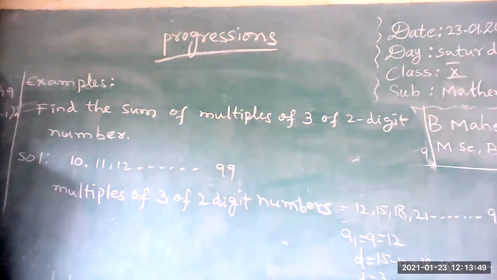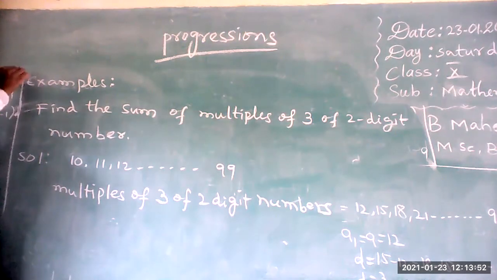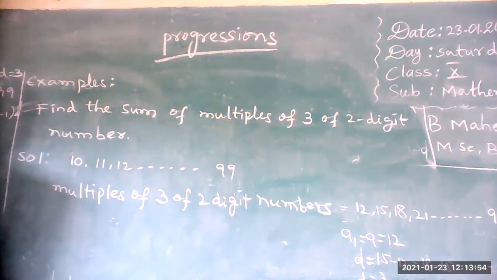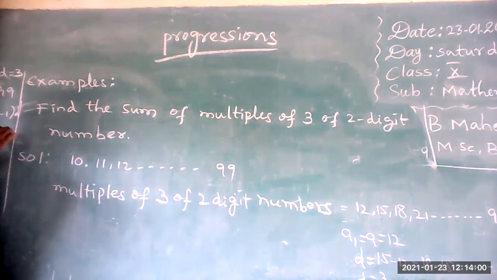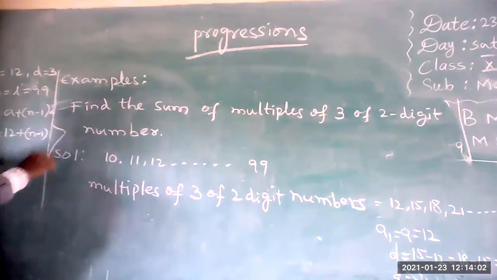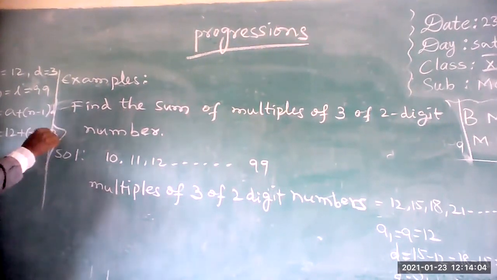A is 12 and D is 3. So An equals 99, A equals 12 plus n minus 1 into D, the value 3.